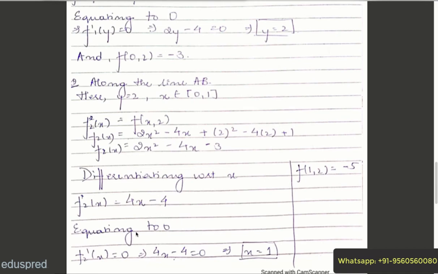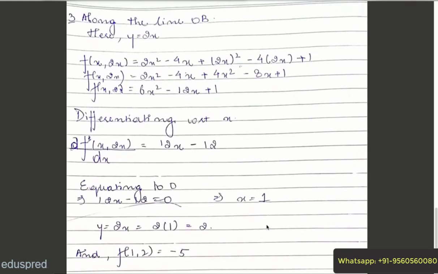Again equating it to 0 for the critical point, 4x - 4 = 0, or x = 1. Thus here your critical point is (1, 2) and the function takes the value of -5 at f(1, 2) as we have already calculated before. Now see here, it's by chance that the corner points are coming out to be the critical points. It could be the case that a point like (0.5, 2) would be your critical point if you calculate along the line, and then you have to calculate the functional value of it.